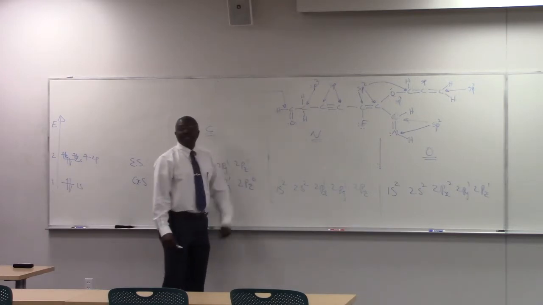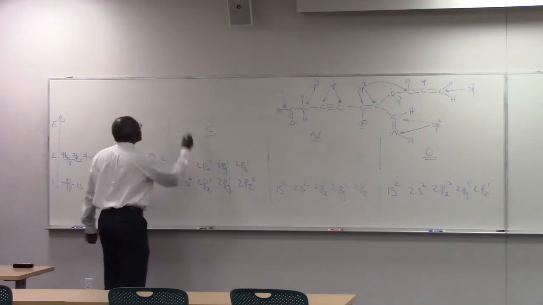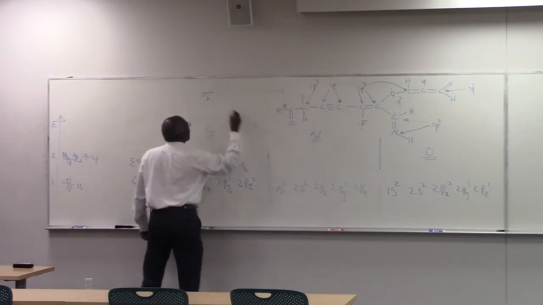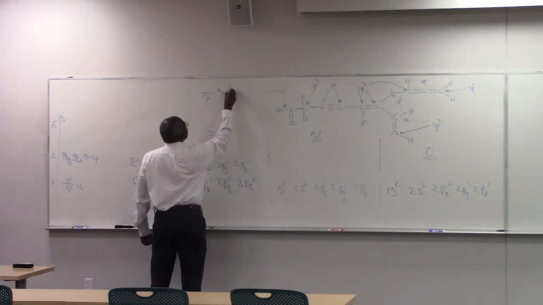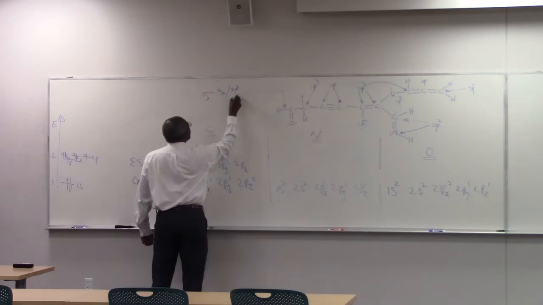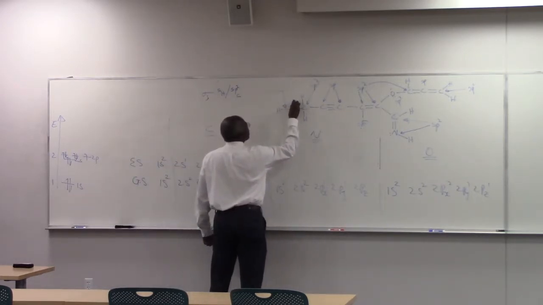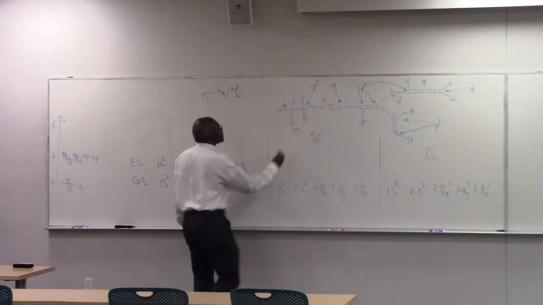Well, the bond is a single bond. The single bond is sigma. So I'm going to say that is a sigma bond, and it's made up of the s orbital of a hydrogen and the sp2 of a carbon. Remember we said this was sp2. What about this bond?